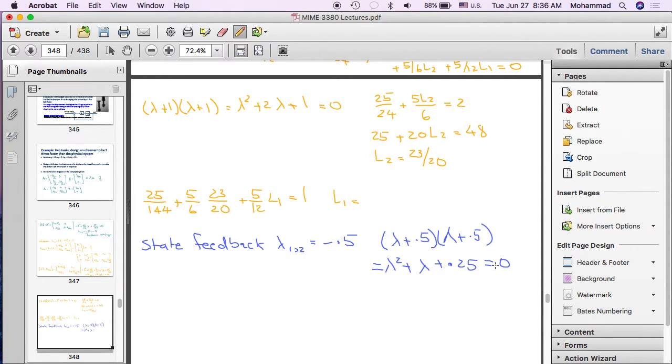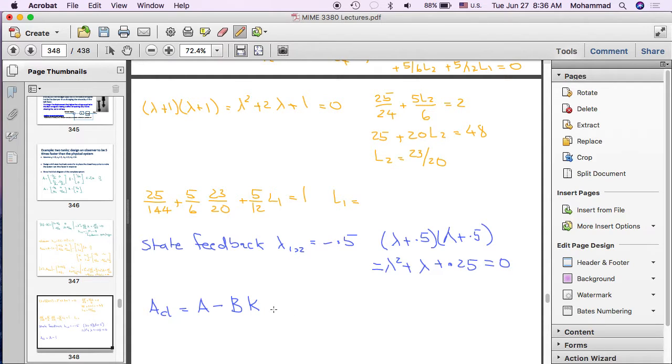So that's the characteristic equation of the closed loop system. Now, what is the A matrix of the closed loop system with a full state feedback? A of closed loop is A minus B times K. For full state feedback control, it is A minus B times K.